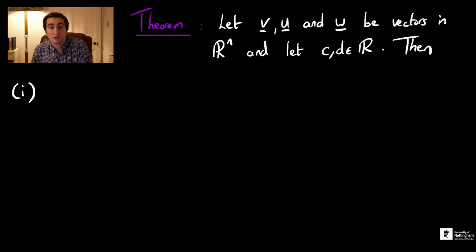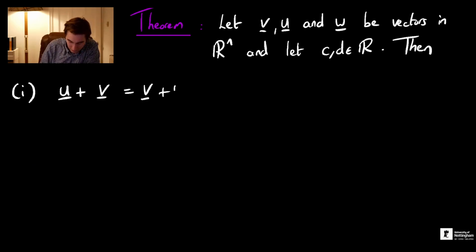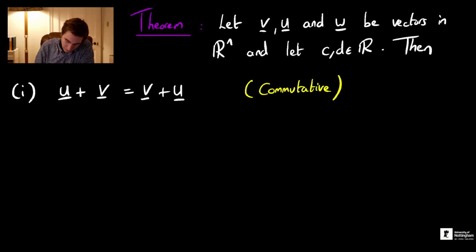The first one is the one that we've already proven for R2, which makes a lot of sense: u plus v is equal to v plus u. In other words, the addition operation in Rn is commutative. So we can maybe write this as commutative. Okay, what's the next one?